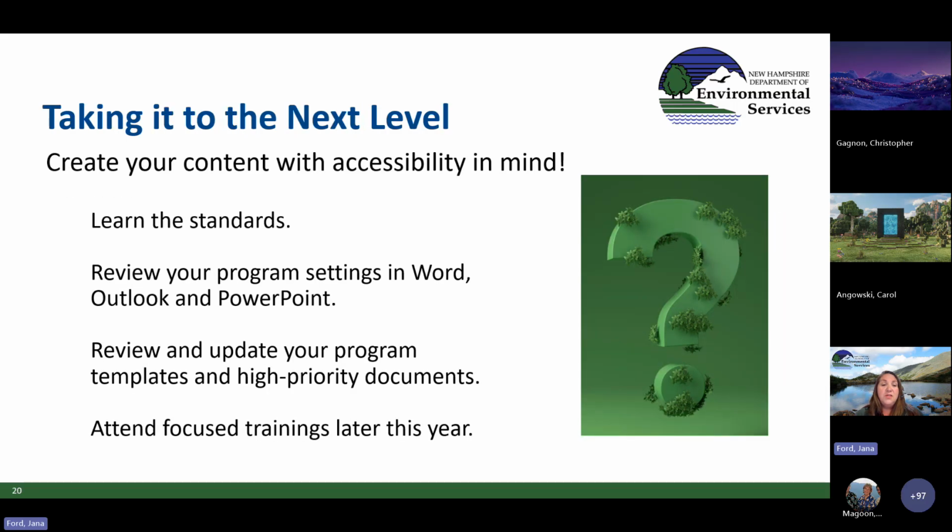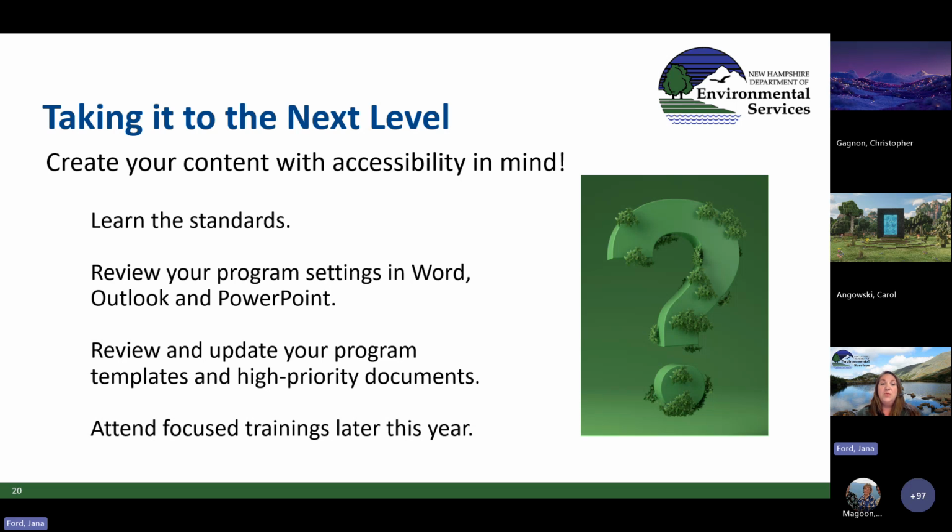So we need to take it to the next level. Look up any information about digital accessibility and you will see the advice is the same. It's always better to create your content with accessibility in mind, not fixing content to be accessible later. While there are tools available to assist in making our documents accessible, they don't catch everything.